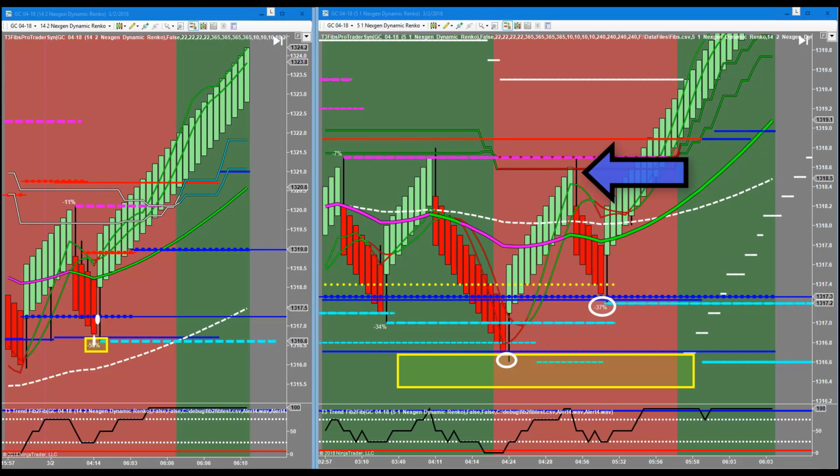Now, I'm not sure if you've noticed it yet, but the exact same pattern that we had on the 14-2 chart that caused the bottom also gave us a second opportunity for a second long trade if we had exited our first long trade. So let's take a look at the pattern on the 5-1 chart.